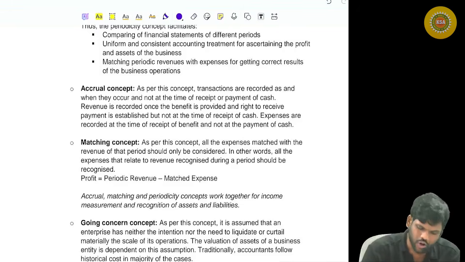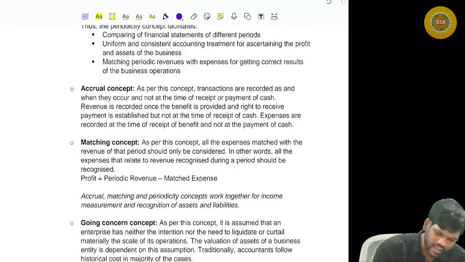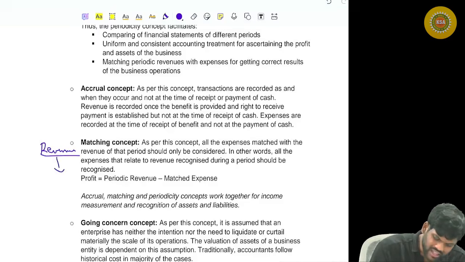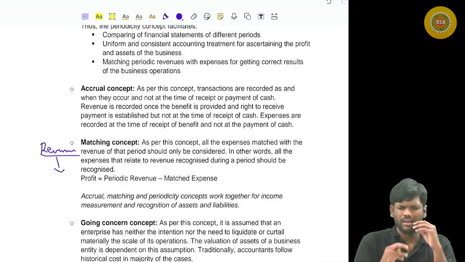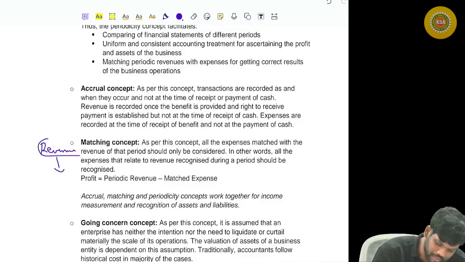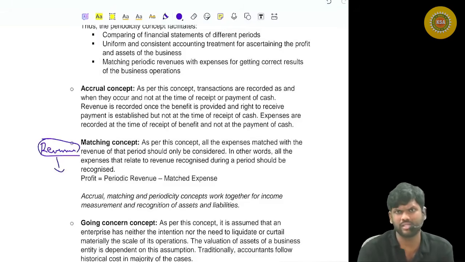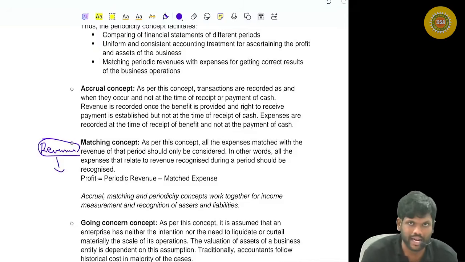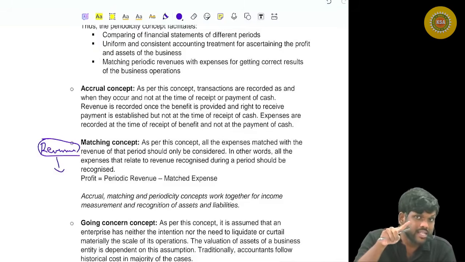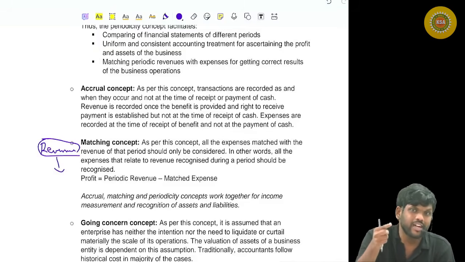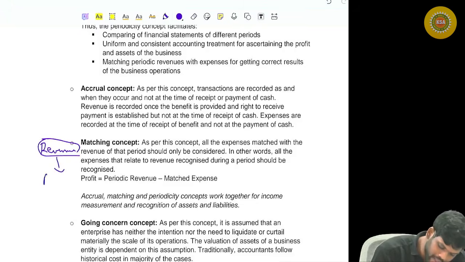And then matching concept. Matching concept simply says if you are recording some revenue in your P&L, or if you are recording some sales in your P&L, all the costs that are related to that sales should also come in that P&L.